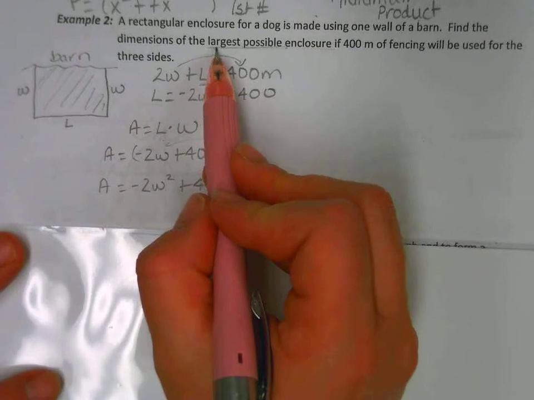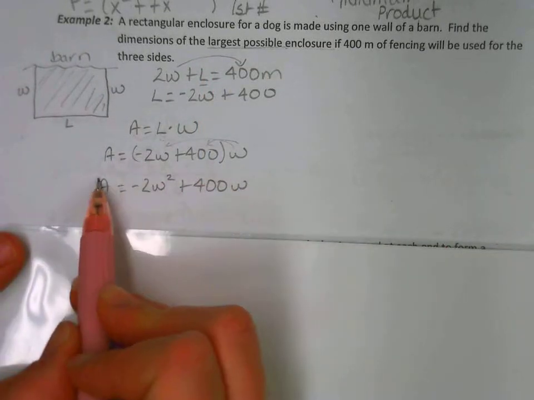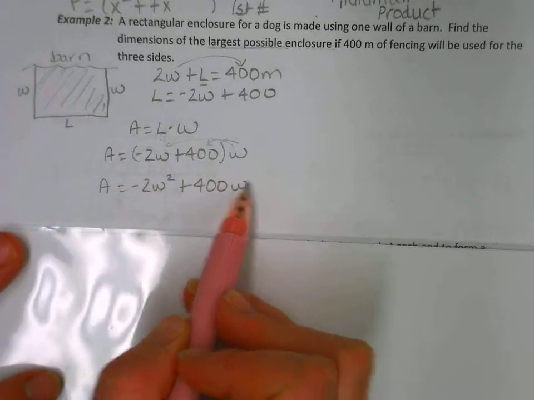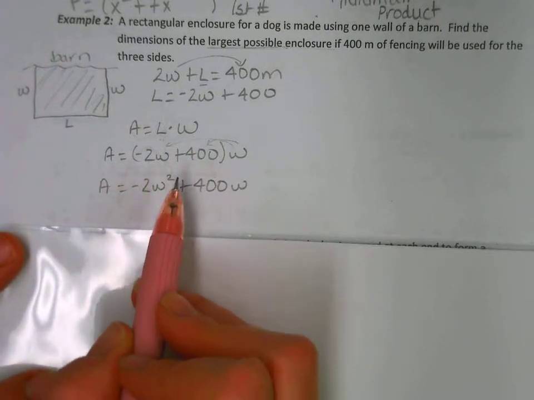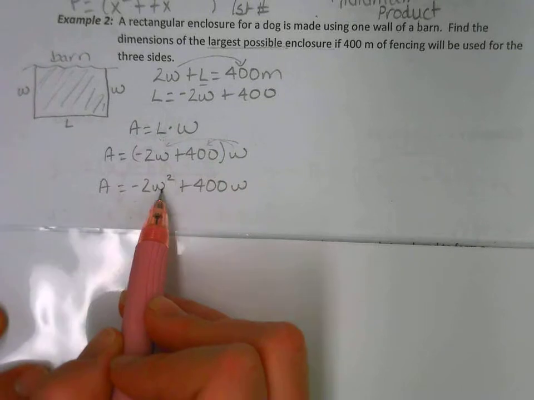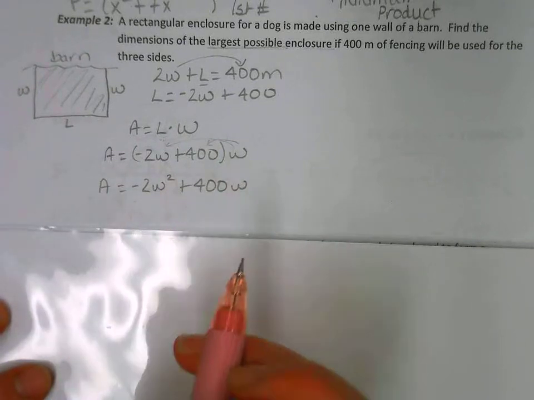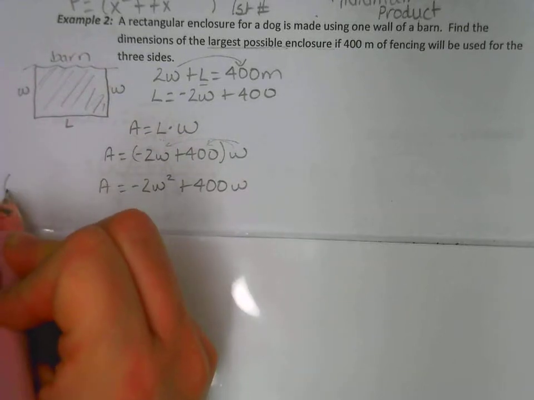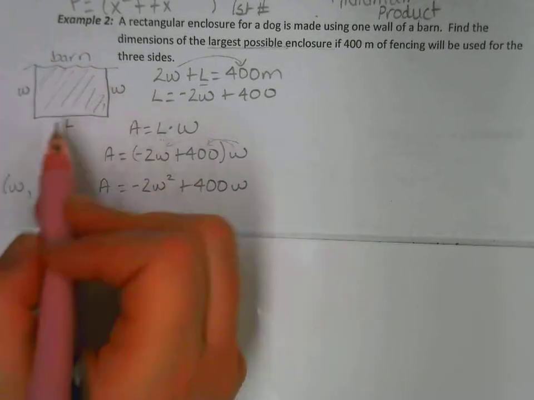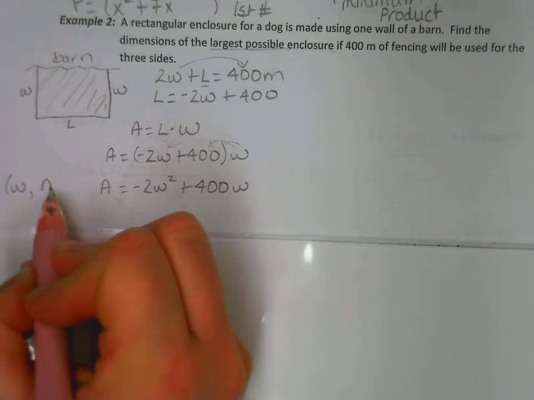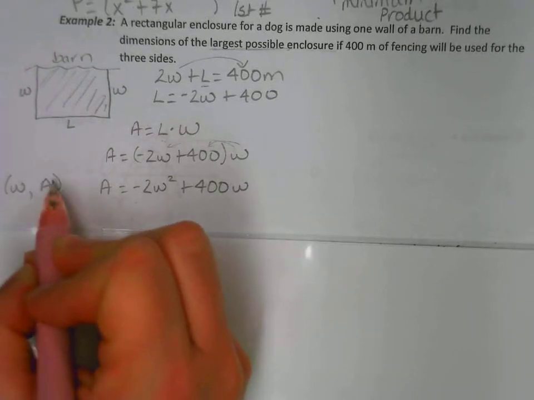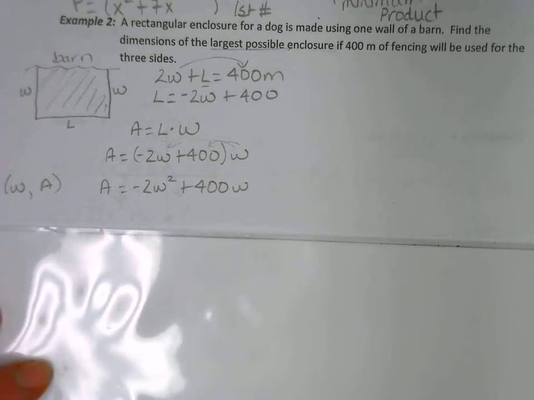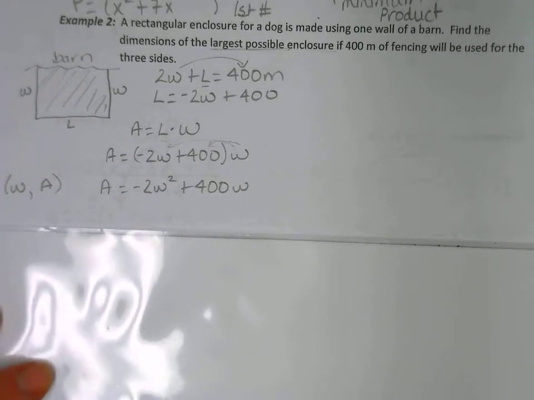If I'm trying to find the largest area, and this is the quadratic formula that I'm given, then the maximum point of this quadratic is going to give me my largest area, because the two things that I'm comparing in this function are W, the width of the pen, and A, the area of the pen. So the y value of this vertex is going to give me the maximum area.